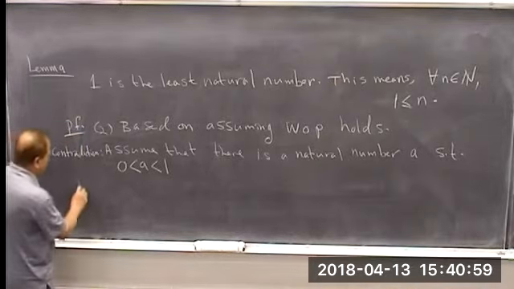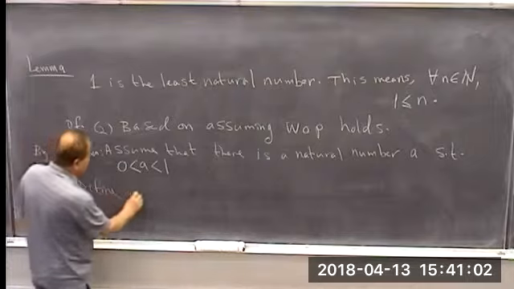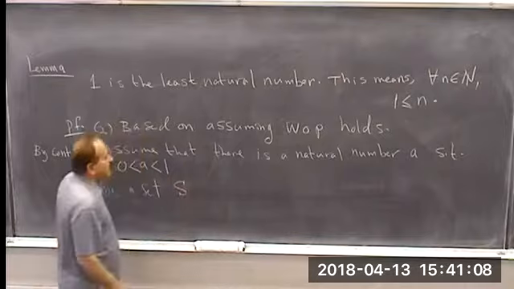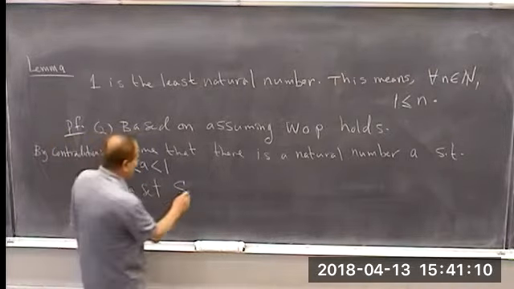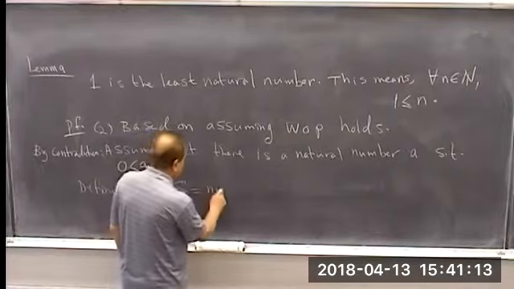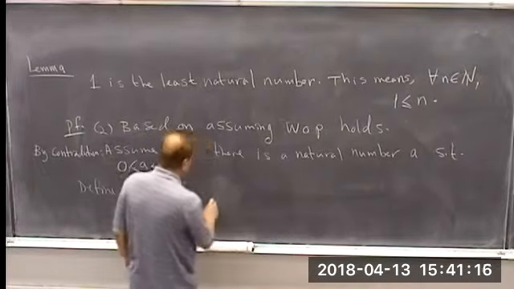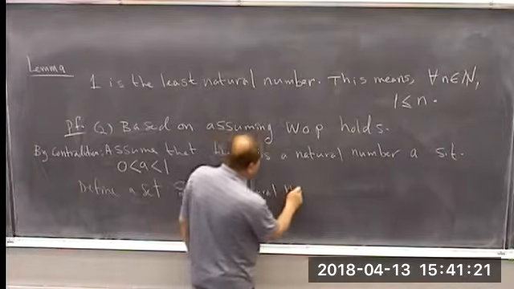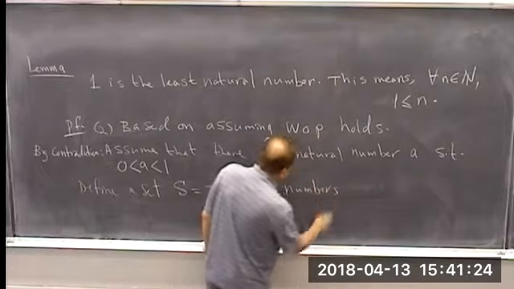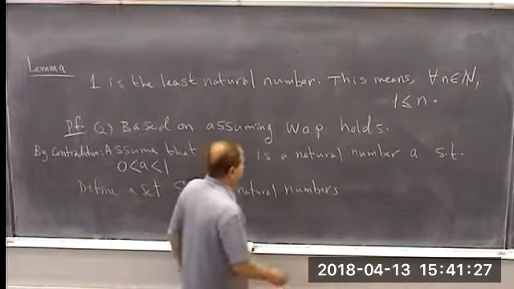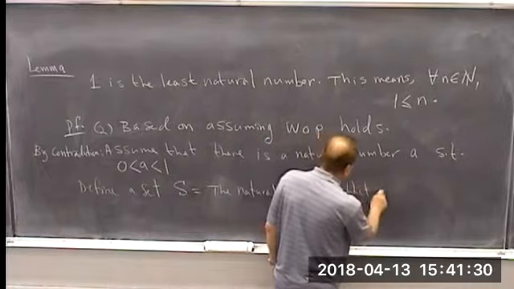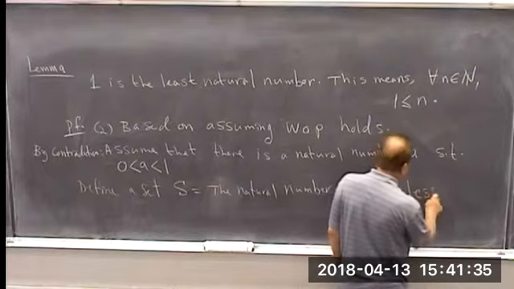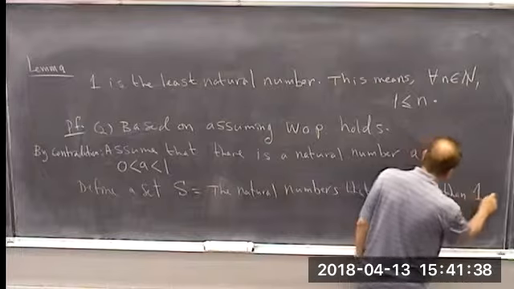Now we need to define a set S to consist of those numbers. This is equal to the natural numbers that are less than 1.